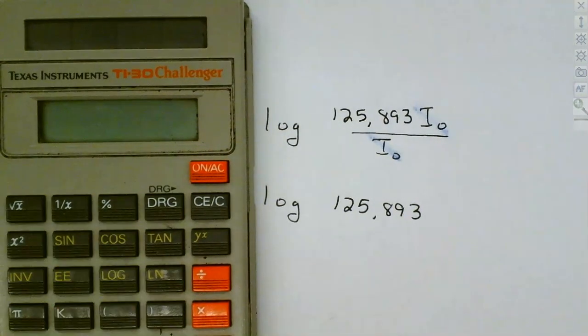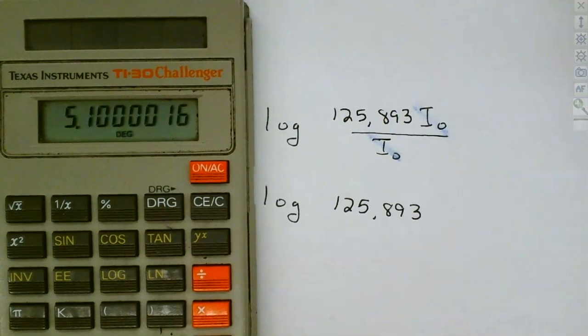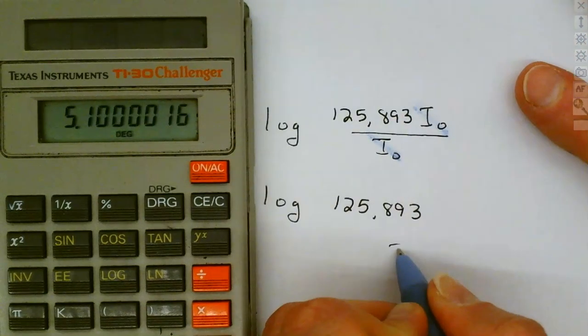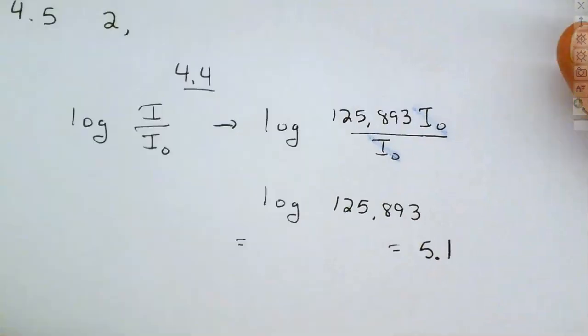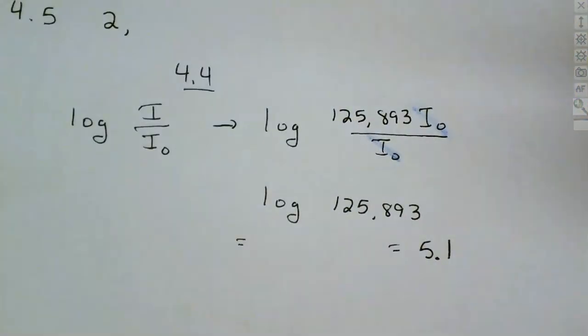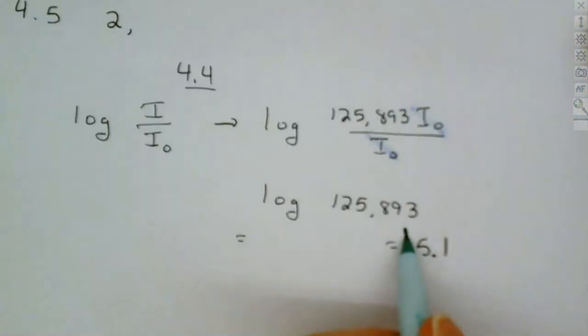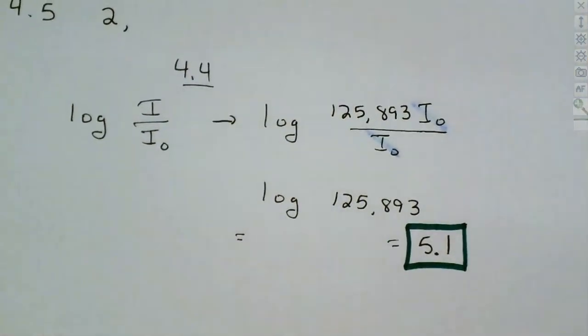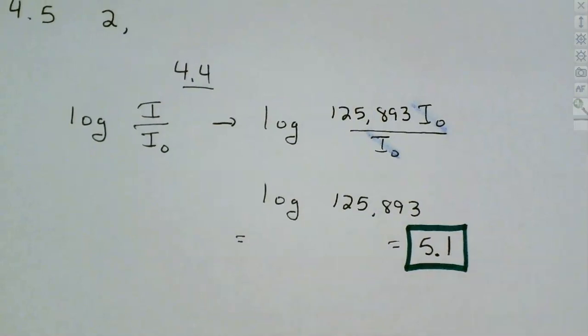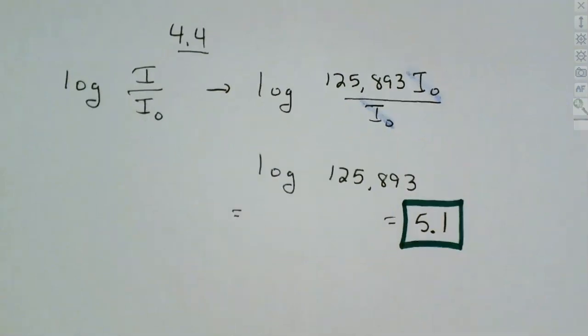We'll take the log of that, and we want to round it to one decimal place. So on the Richter scale, that would be 5.1. So it's 125,893 times as powerful, but it's only a 5.1 on the Richter scale. Right? And so on the Richter scale, a large change is represented by a small change because of the use of the logarithms.